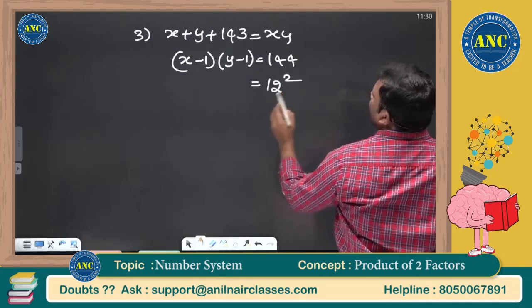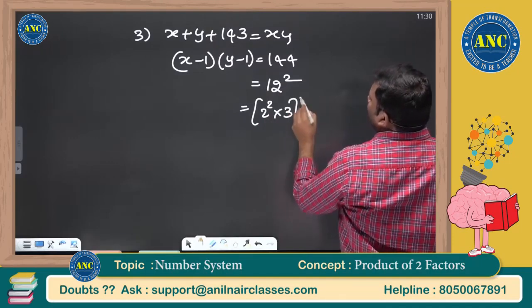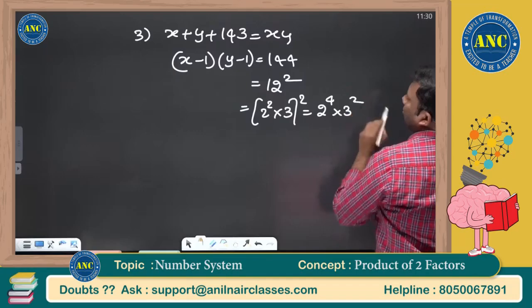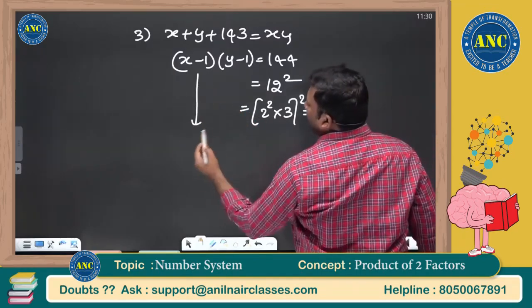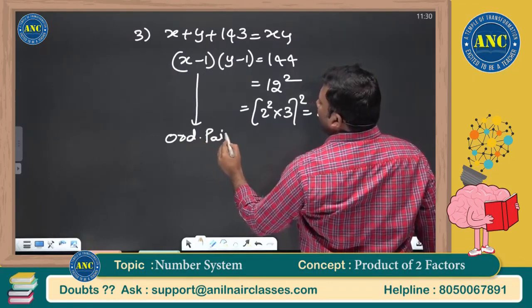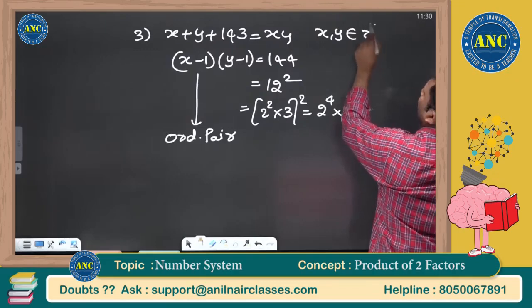144 is nothing but 12 square. 12 is nothing but 2 square into 3, so 144 is 2 power 4 into 3 square. Because the variables are present, it is an ordered pair. And in the question, it is specified that x and y are integers.